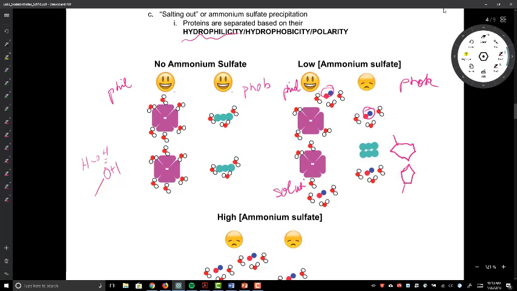It's going to be easier for those hydrophobic groups within the protein and the hydrophilic groups too to glom onto themselves than it is for the protein to try to scavenge and interact with the salt that's in solution. And so once all the water is taken away from the protein, it will aggregate and actually form a solid, or a precipitate, and it will fall out of solution.